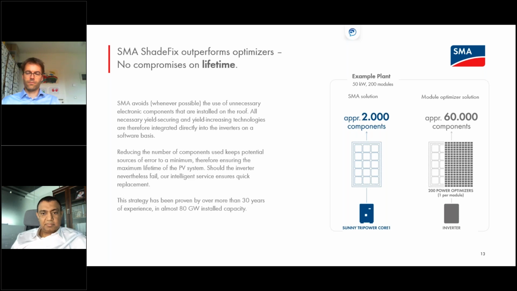And for the same size of system with a module optimizer solution, you would roughly need 30 times this amount, so 60,000 components in total. So even if it is just a 1% failure rate or even a 0.1% failure rate, you can do your math and see at the end where it is more likely that something is going to break.